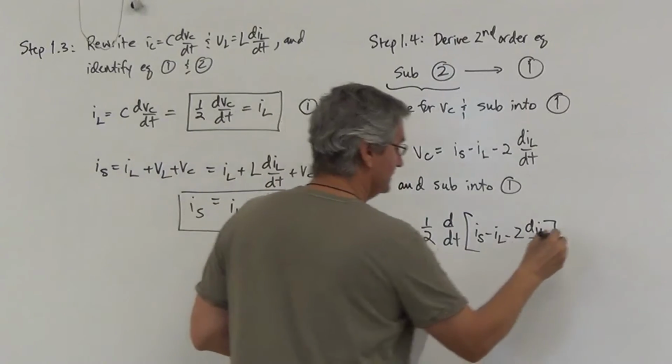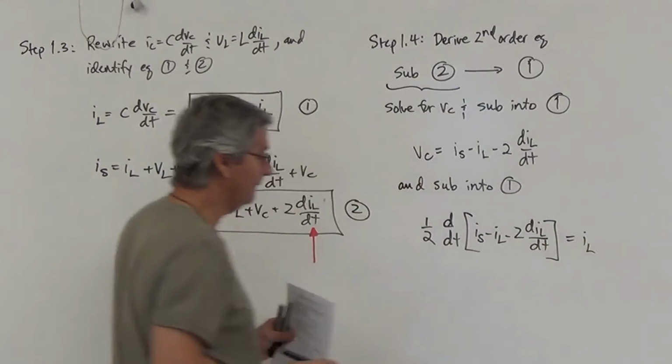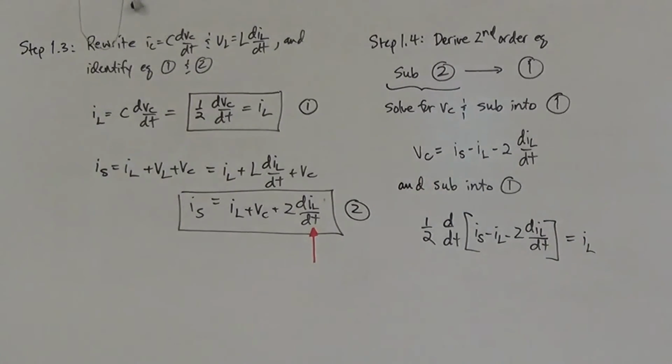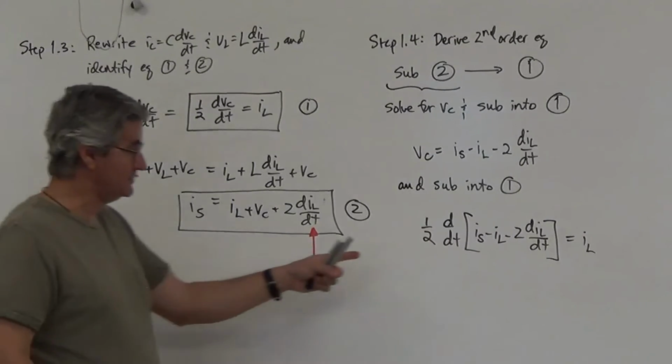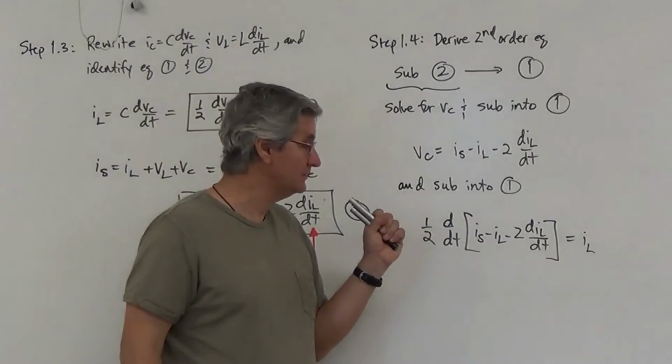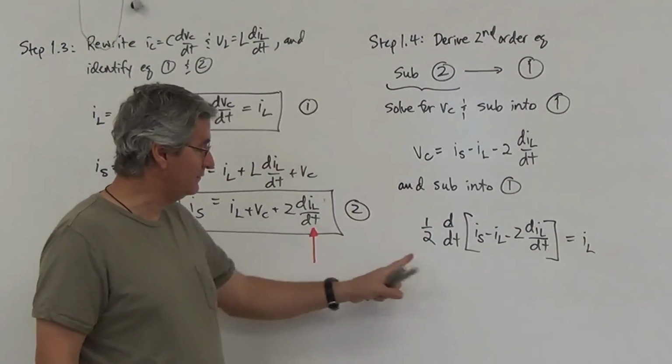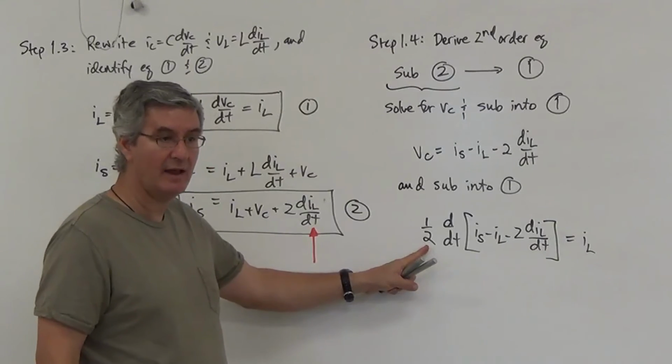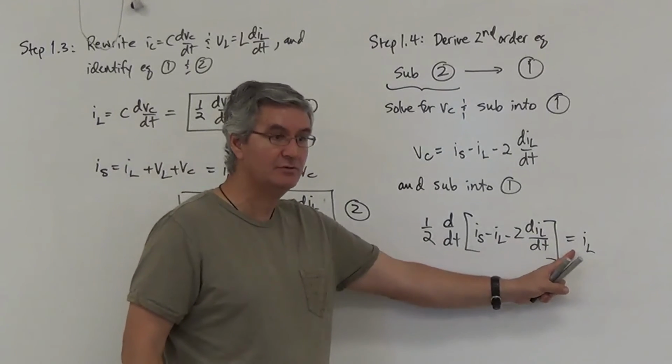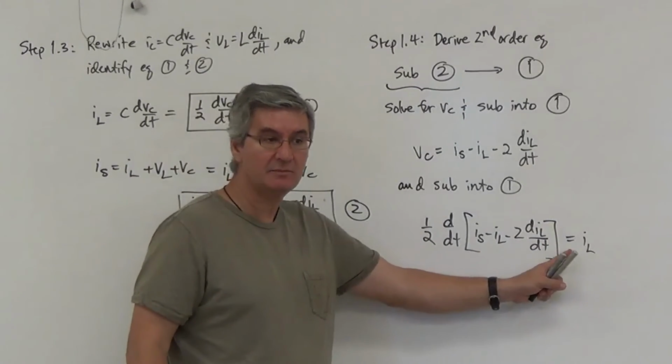And then this has to equal IL. So you can see that by doing this process, I removed VC from the equation. So now what am I going to do? I'm just going to take the derivative of all of the terms. Probably the first thing I'm going to do is take that 1/2 factor and multiply everything by 2, so I don't have to carry the 2 with me.